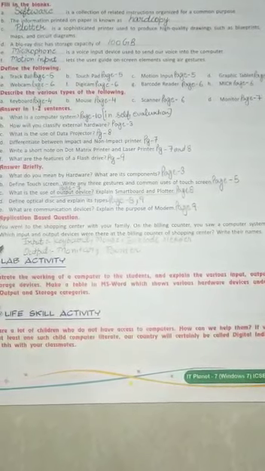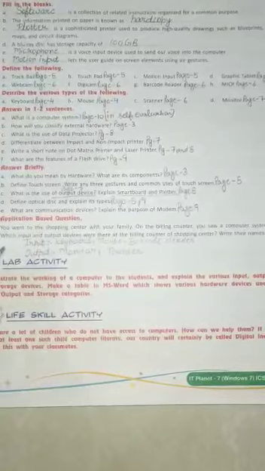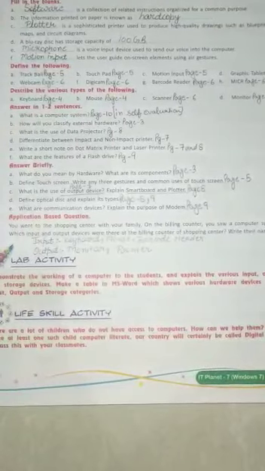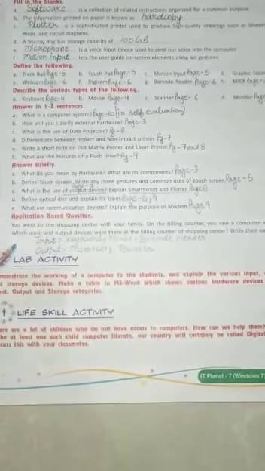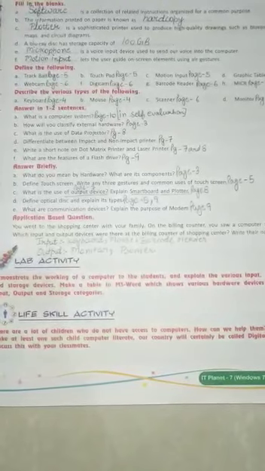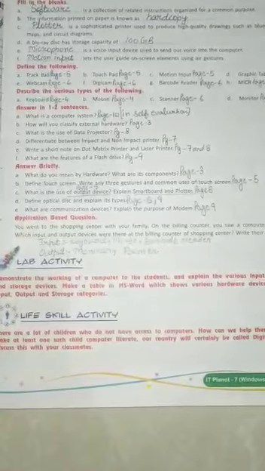Today I am going to discuss with you the long question answers of your chapter number 1. But first, I want to say something. In the sixth part of your chapter, which is "describe the various types of the following", you have to write the answer according to the marks.